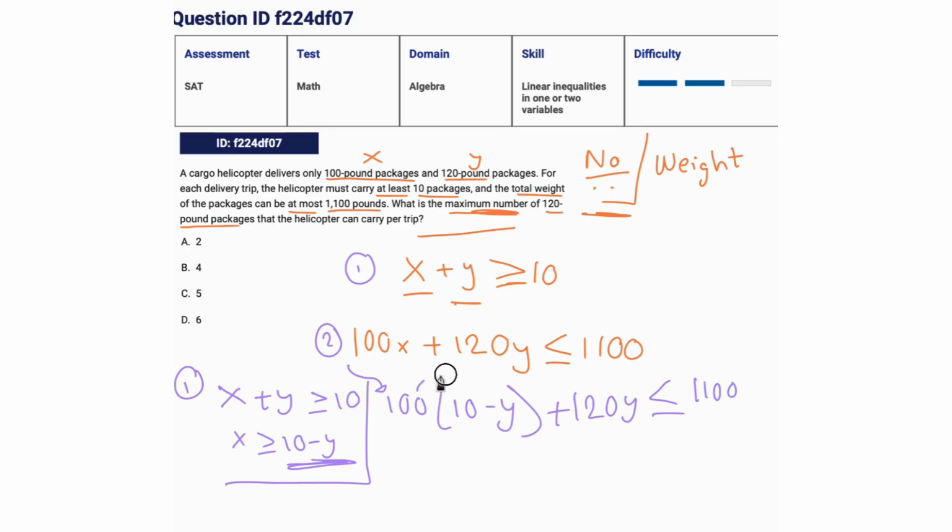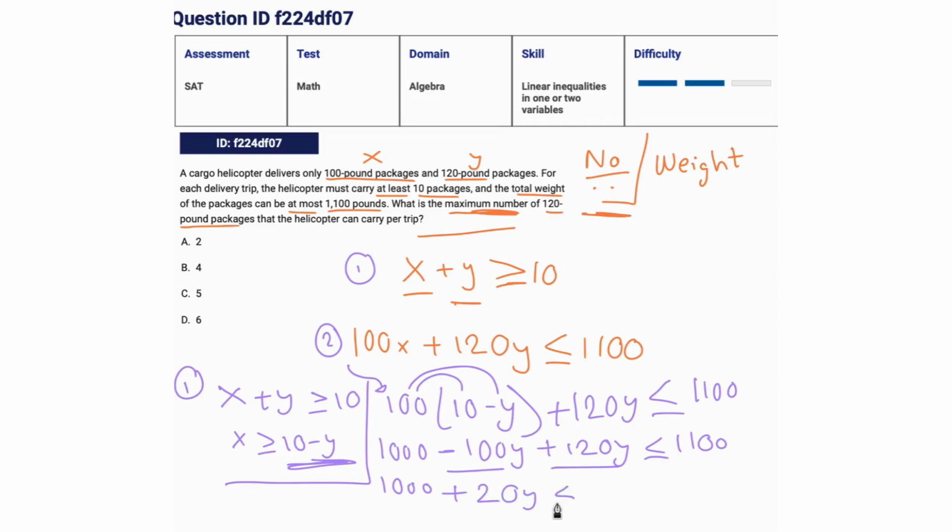Okay, so we're going to multiply this. 1000 minus 100y plus 120y is less than or equal to 1100. Okay, we'll need more space. 1,000, minus 100 plus 120, if you put that in a calculator, immediately you'll get plus 20y is less than or equal to 1100.